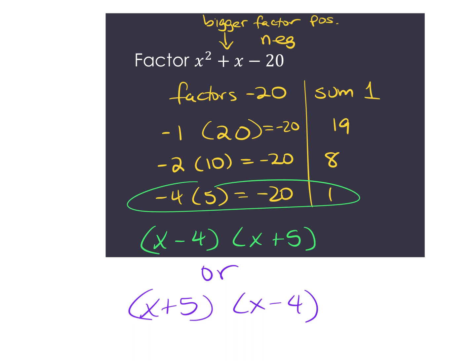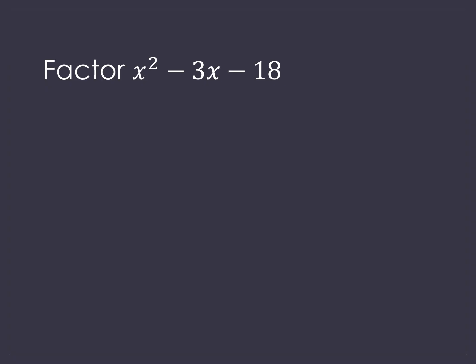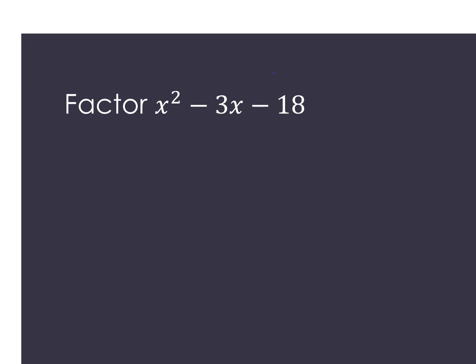Now we're going to do one where they're both negative signs. So notice again, my C term is negative. Because this one is also negative, this tells me my bigger factor out of the two that I find is going to be negative.